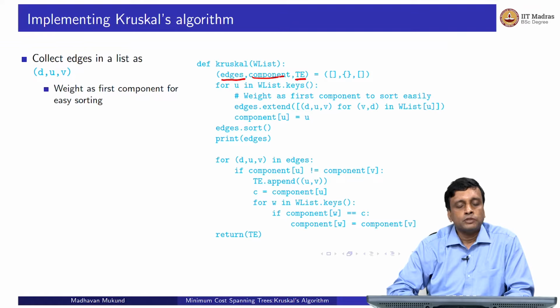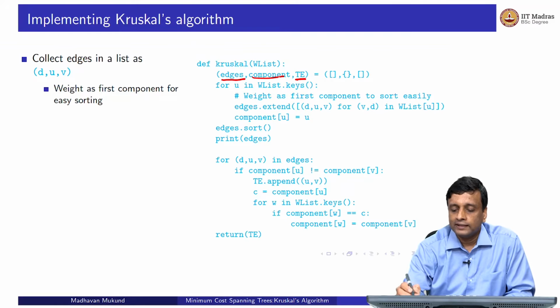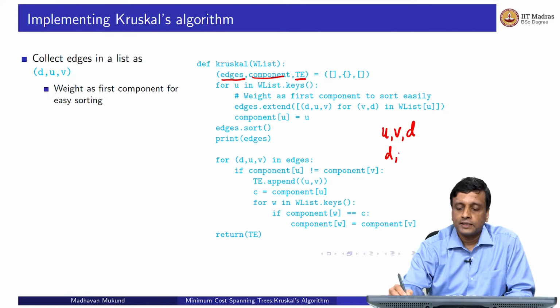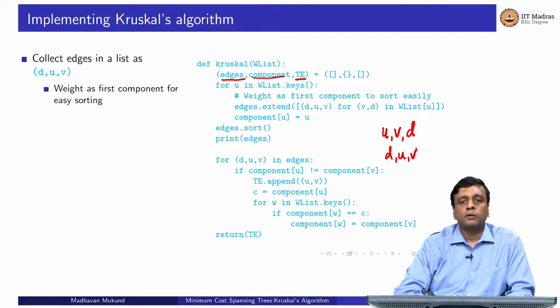So the first thing we do is we sort the edges. So what we do is we take the edges are of the form typically U, V, distance or weight. So what we will do is we will represent them instead as D, U, V. So we put the weight in the front because we want to sort by the weight, right?